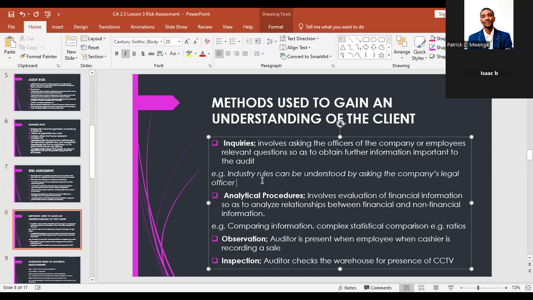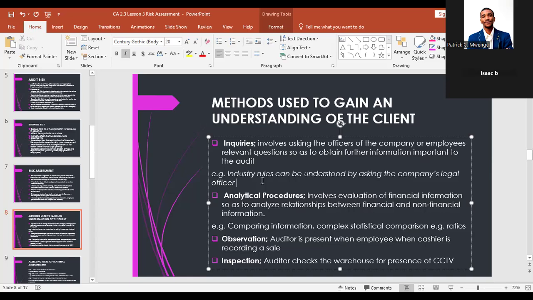So I'll dive deep on the receivables example. If this year's receivables are lower by a large percentage relative to last year, then it means there might be issues of the company or the client not having put in place concrete controls for collecting their money, such that they're having a lot of bad debts or they are incapable of collecting their money.